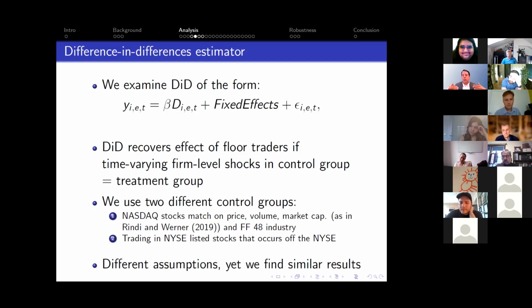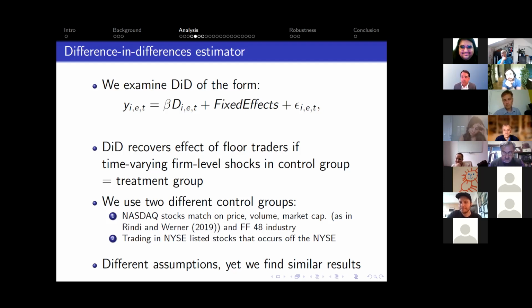So I'm going to do a completely different control group that I think has a completely different set of identifying assumptions. What I'll do is compare NYSE listed stocks trading on the NYSE to trading in those exact same stocks off the NYSE, right? So in the first case, think about me comparing GE to a big conglomerate traded on NASDAQ.